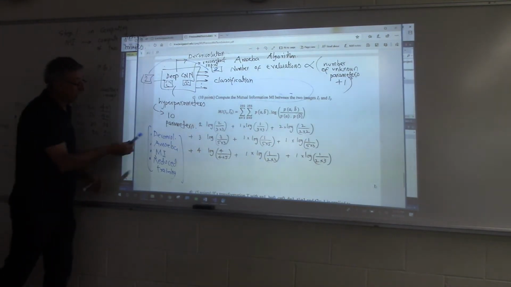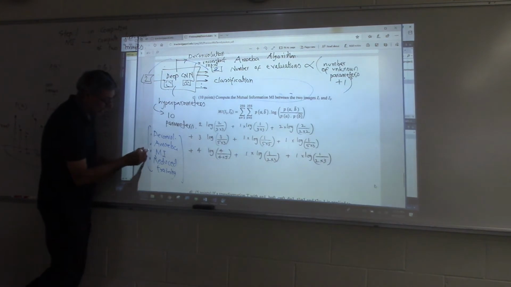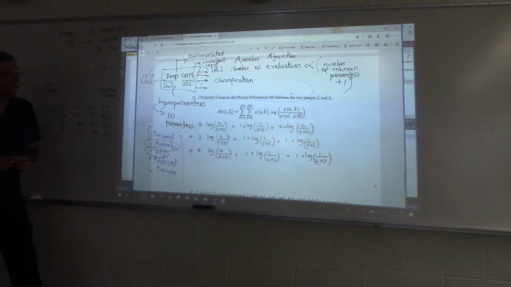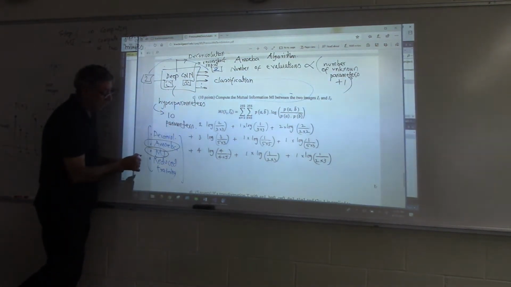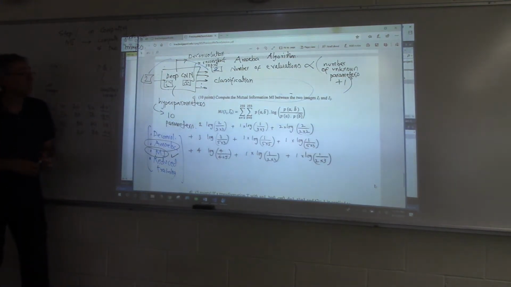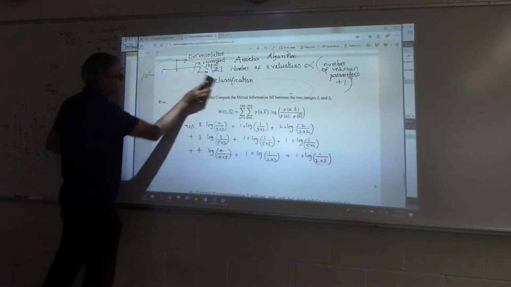And so anyway, I would like you to at least know the concept of mutual information, the concept of the amoeba algorithm. As we have gone through the example, everybody hopefully knows how to compute the mutual information, right? Okay. Now let me give you the idea of the amoeba algorithm.